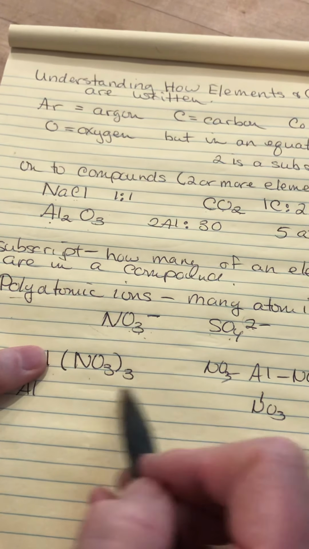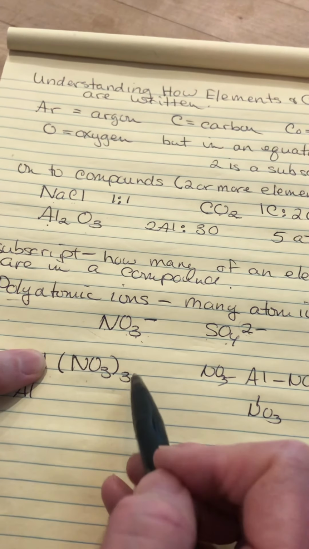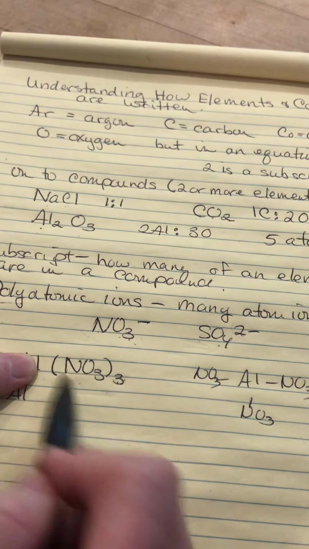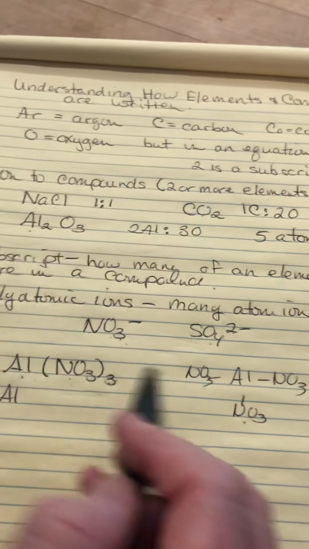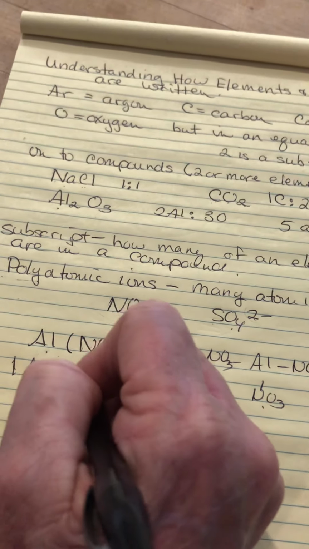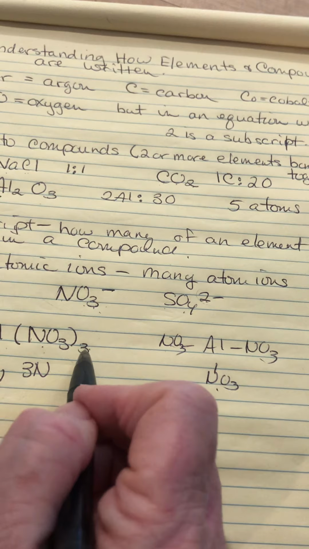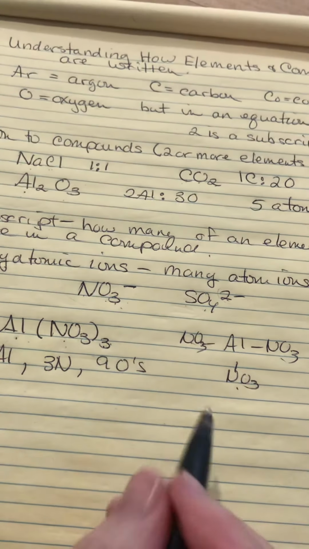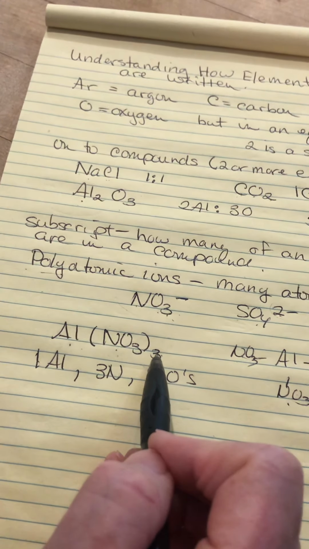And now I have this bunch of stuff, the N and the O's inside the parentheses, and I have a 3 outside. This 3 outside refers to everything in the parentheses. It means I have 3 nitrates, just like I did 1, 2, 3 over here. So if I want to count up the nitrogens, I would have 3 nitrogens, because I have 3 of these nitrate groups, and I would have 3 times 3, or 9 oxygens. Okay, so again, the subscript refers to only what's immediately before it.